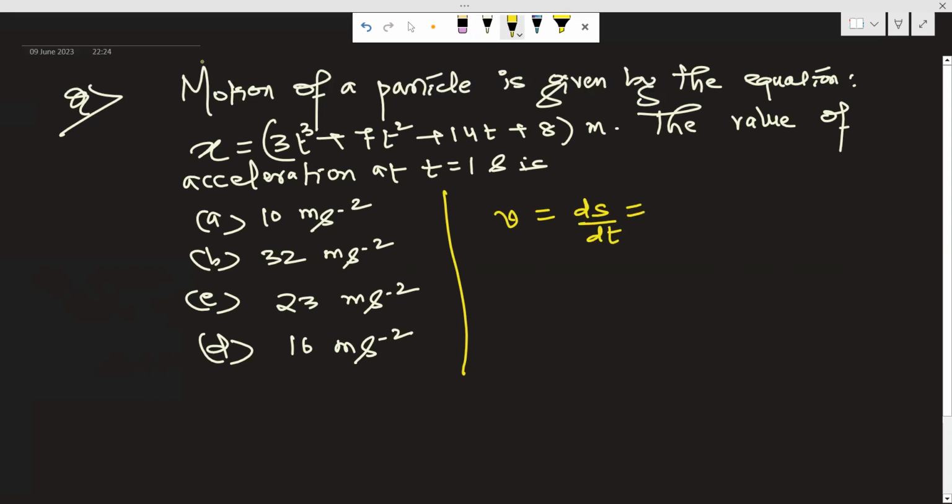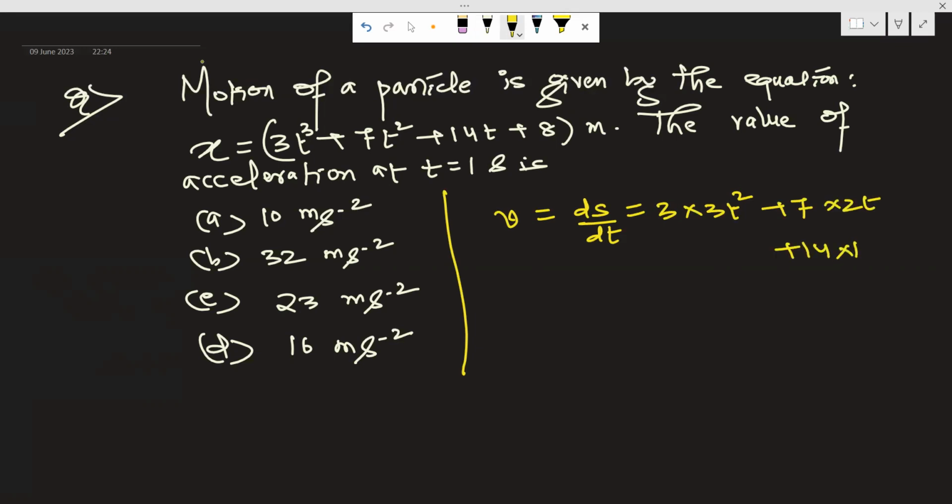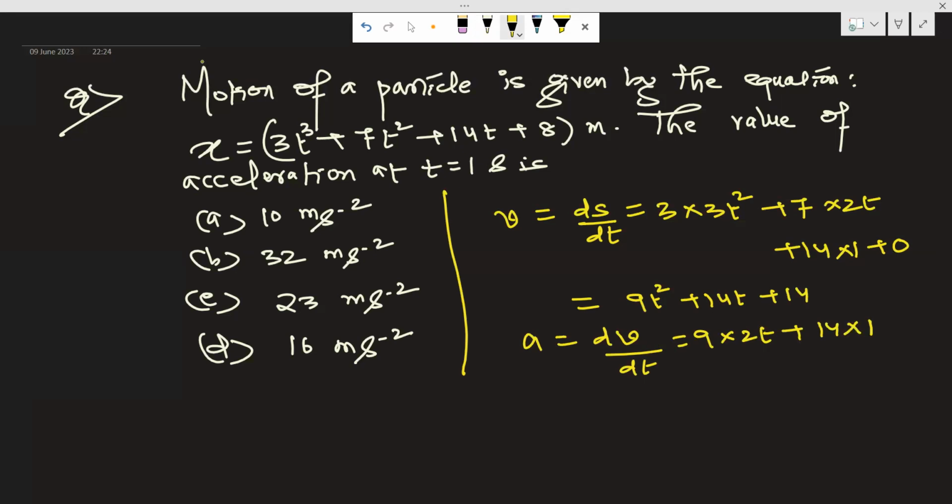Direct acceleration नहीं निकाल सकते, तो derivative करो. तो 3 constant रहेगा, derivative of t cube is 3t square. उसके बाद 7 constant रहेगा, derivative of t square is 2t, 14 constant रहेगा, derivative of t is 1 and derivative of 8 is 0. तो v कितना आ जाएगा, 9t square plus 14t plus 14, and then acceleration is dv dt. तो कितना आ जाएगा, 9 constant, derivative of t square is 2t, 14 constant, derivative of t is 1, derivative of 14 is 0, तो कितना आ गया 18t plus 14.